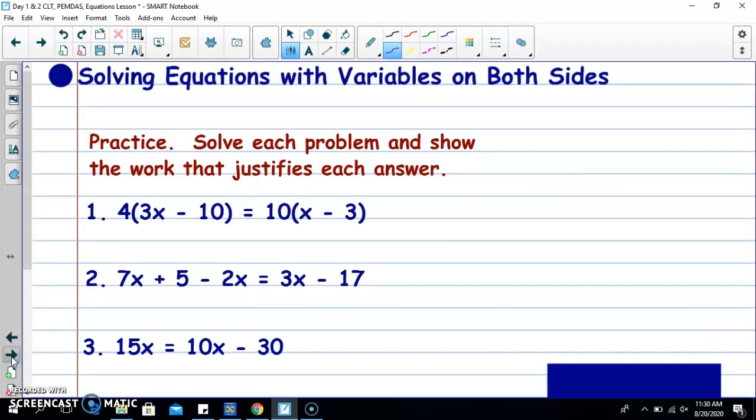Now, pause the video and try the next 3 examples.